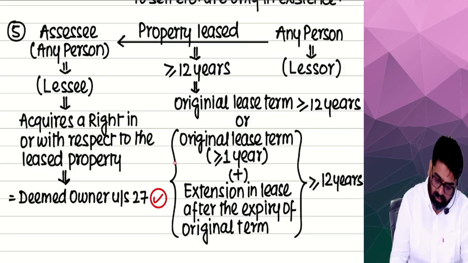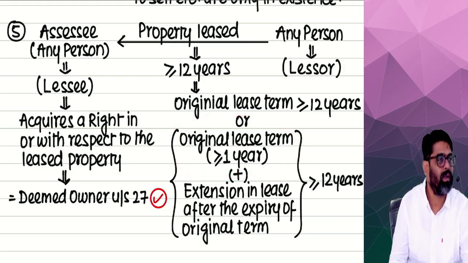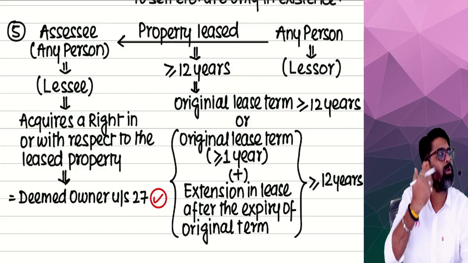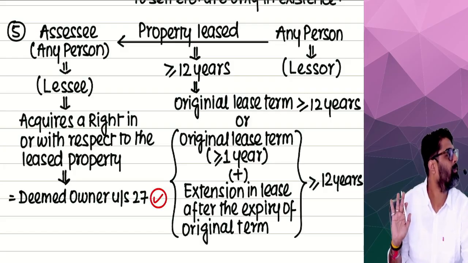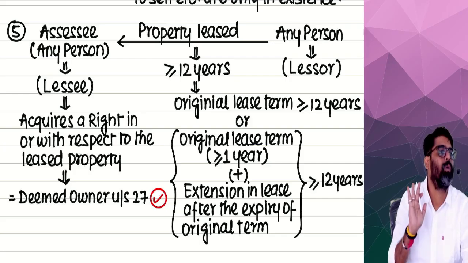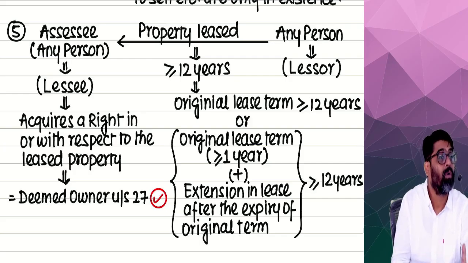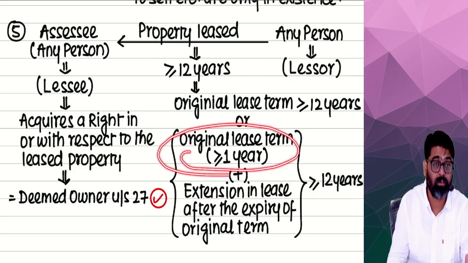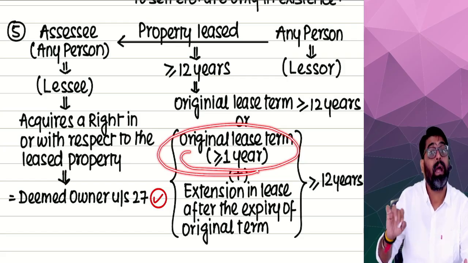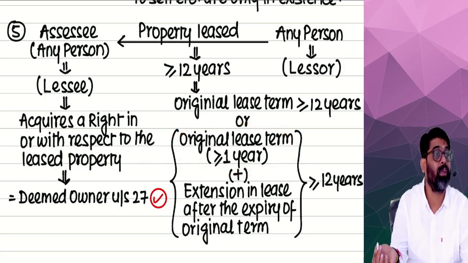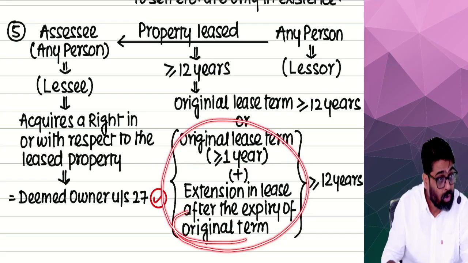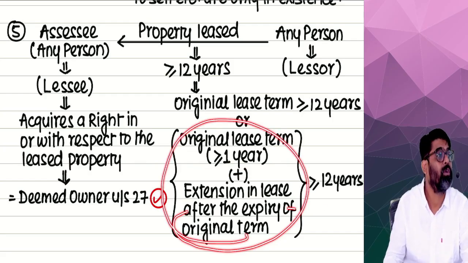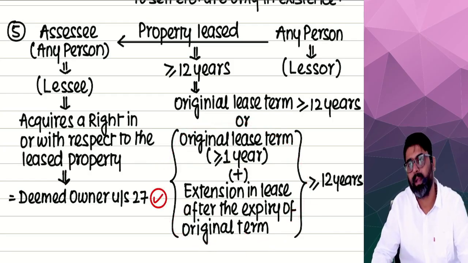Yes or no? If this period is less than 1 year, the right cannot go. Occupancy right will go only if the original period is 1 year or more and the extension period in the lease, both taken together, is 12 years or more. Getting my point?